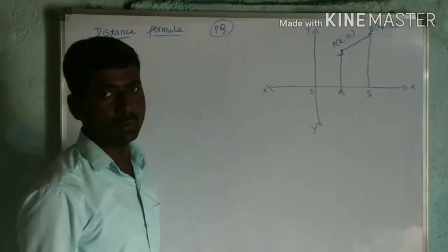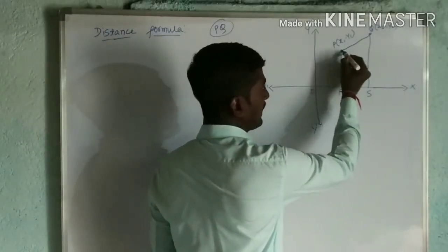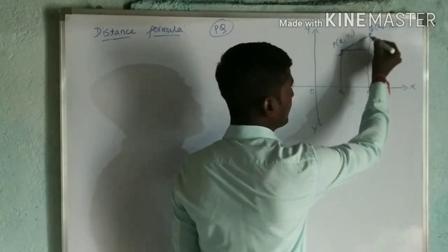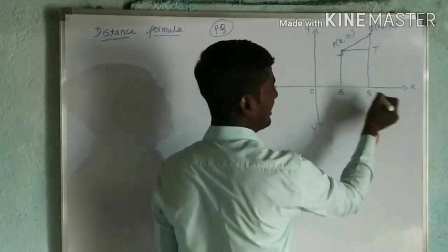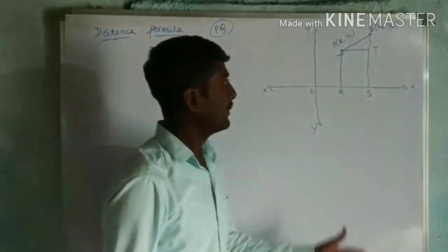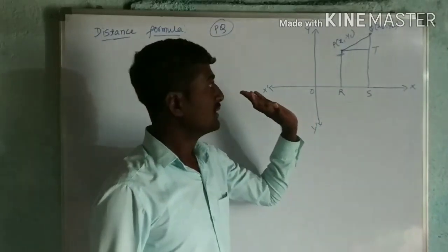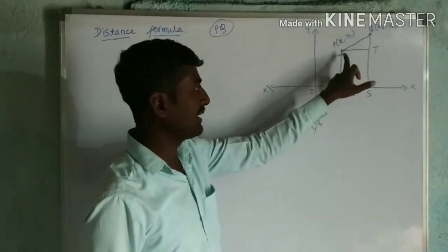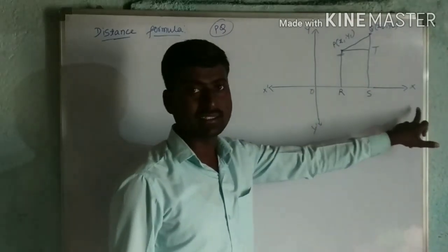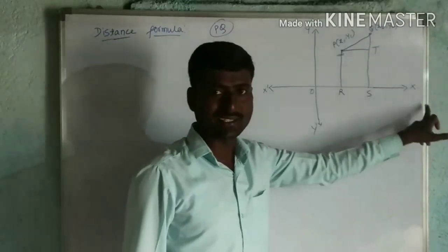To find PQ, I draw a line from the point P perpendicular to QS. I will mention it as T, where PT is the perpendicular to QS. So initially I took P and Q as the 2 points. From the point P I draw PR perpendicular to x-axis, and from the point Q I draw QS perpendicular to x-axis.